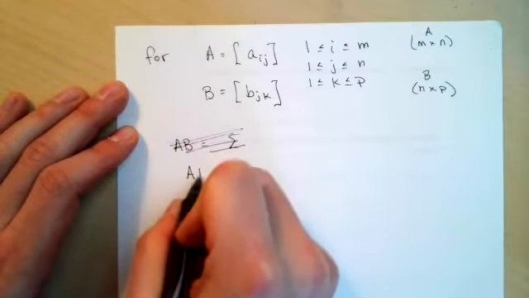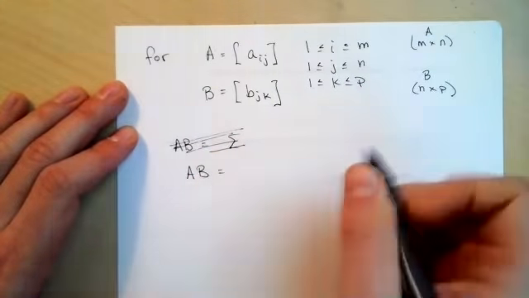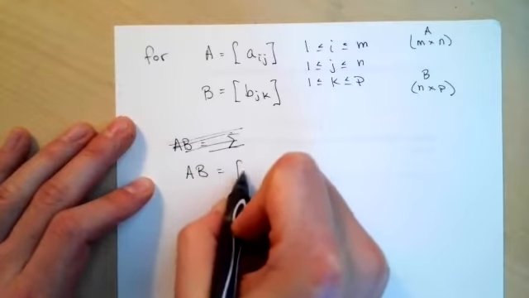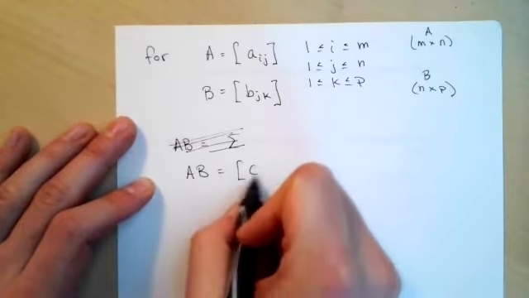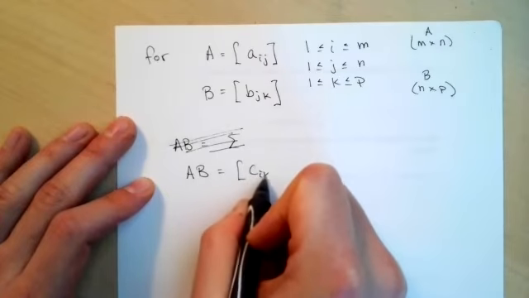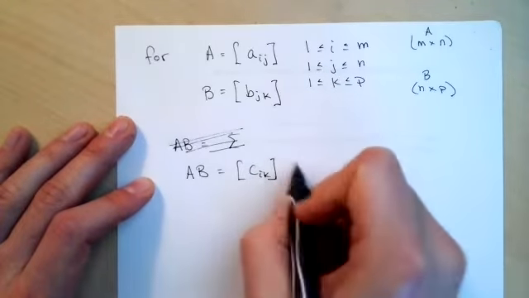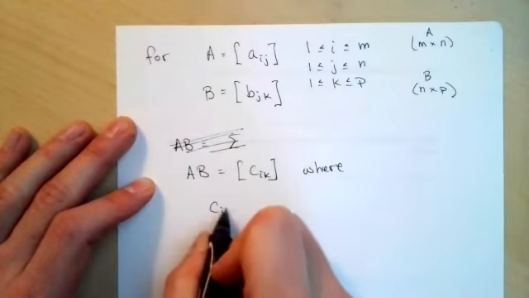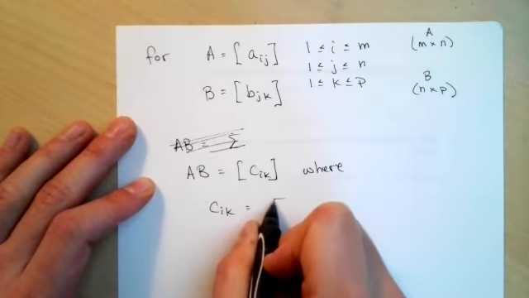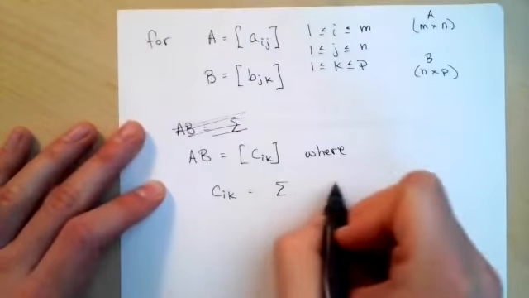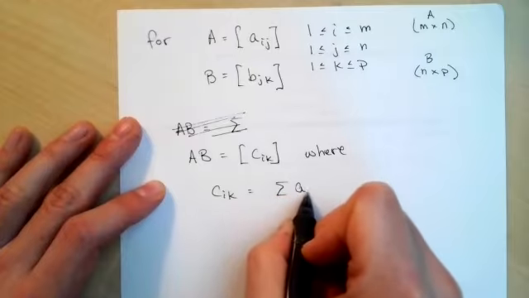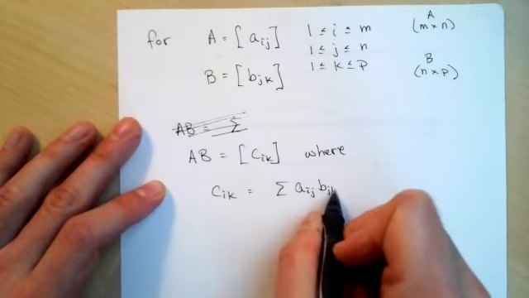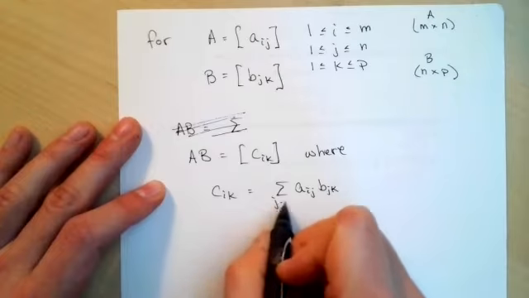So AB is going to be a matrix Cik, where Cik is going to be the sum of Aij times Bjk, and the sum is going to be over j.